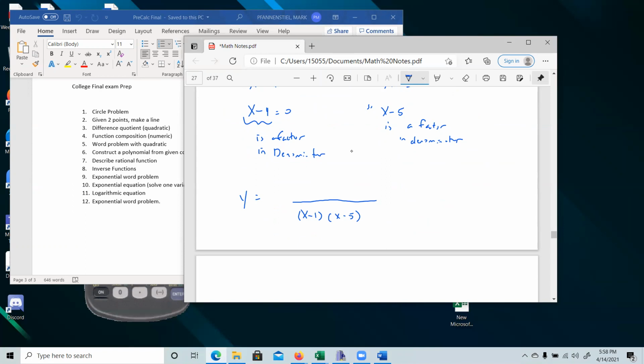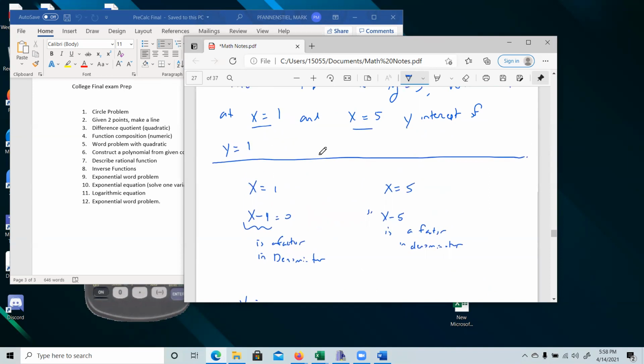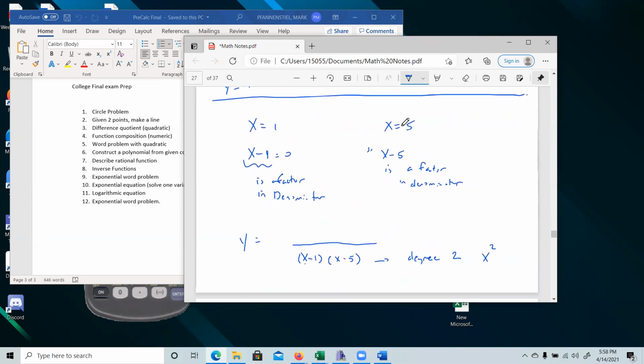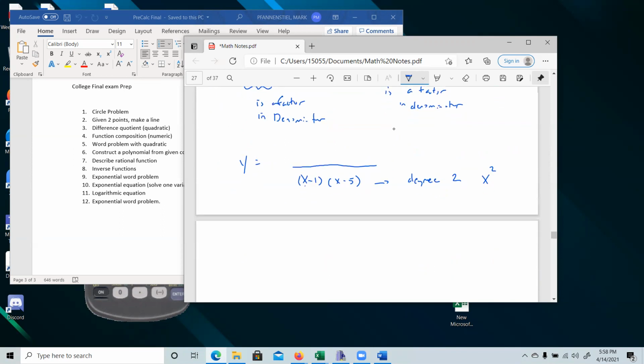Now, on the top, if I was to multiply this out, I'm not going to do it, but what degree would the bottom be? The bottom would be a degree 2. Okay, that's x squared, right? Now, since the horizontal asymptote is y equals 3, the ratio of whatever's on top and the bottom has to be 3.